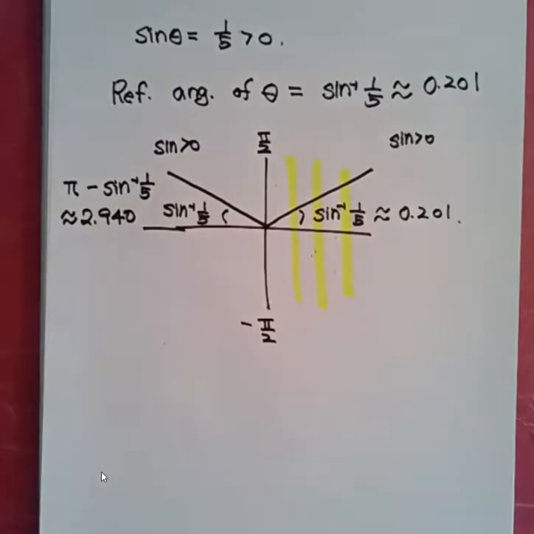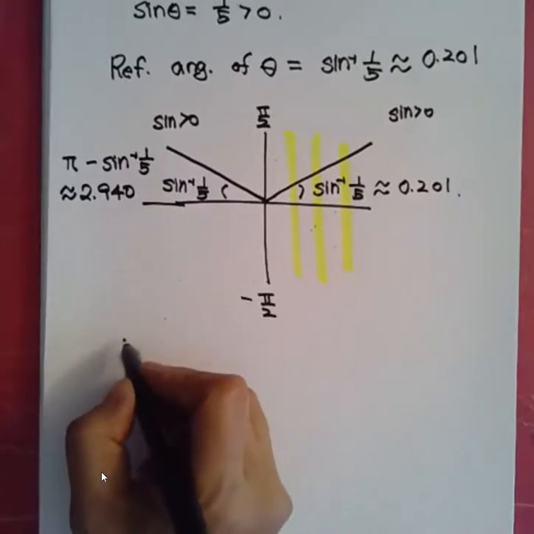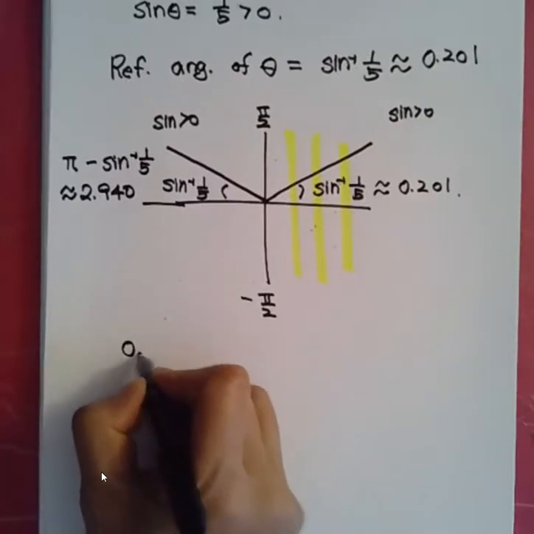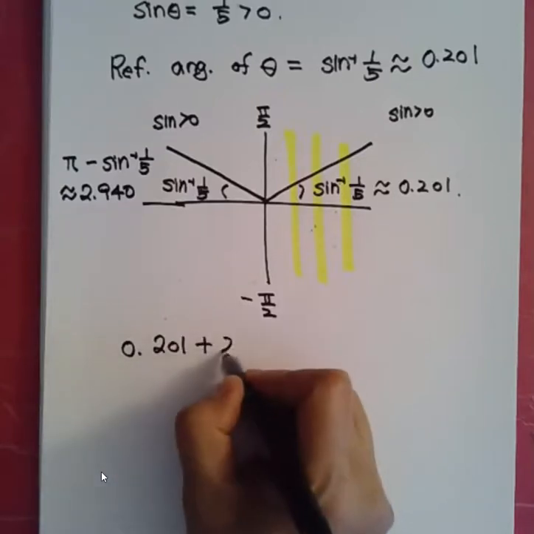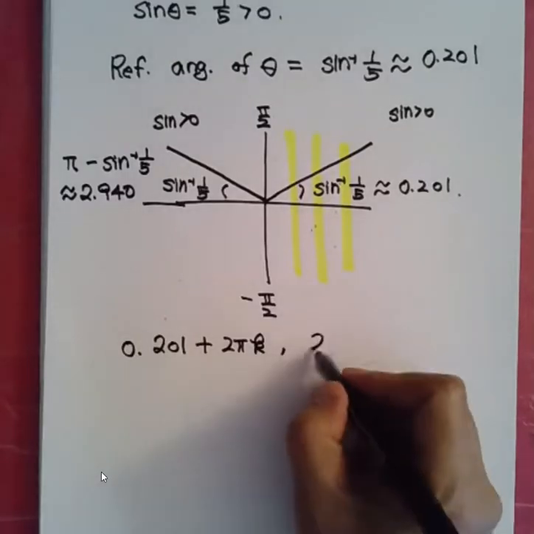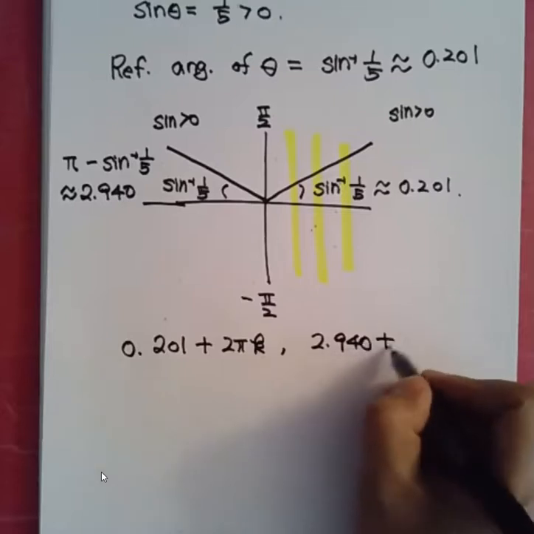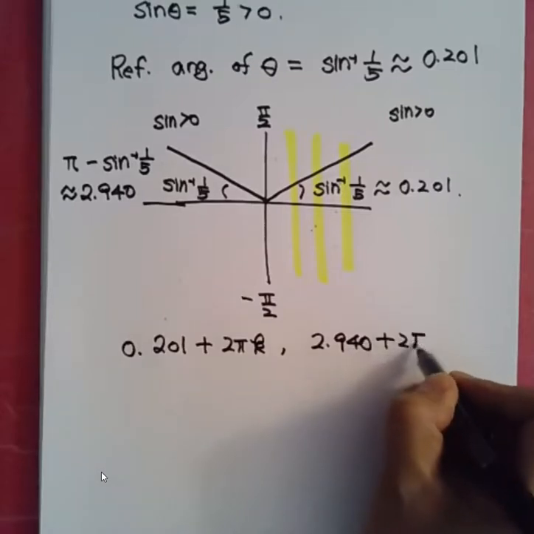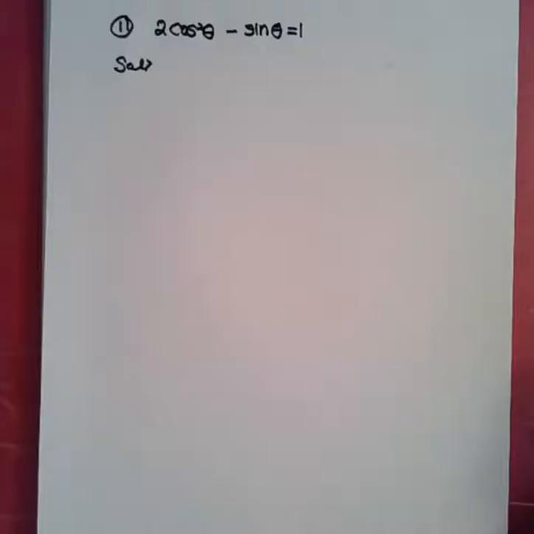You have to use your calculator. And then we have to generalize. One solution is 0.201 plus 2 pi k. The other answer is 2.940 plus 2 pi k. There are 2 answers.